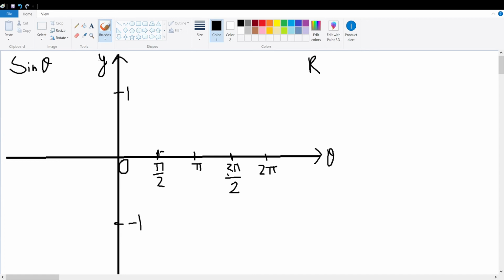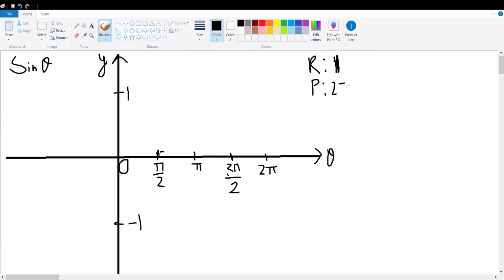We don't have any constants before the theta, and we do not have any amplifiers before the sine. So this is just 1 times sine of theta, parentheses, 1 times theta. In this case, the range, as mentioned earlier, is 1, because it cannot exceed the values of 1 or negative 1. The period, which I'm going to be abbreviating P, is 2 pi.